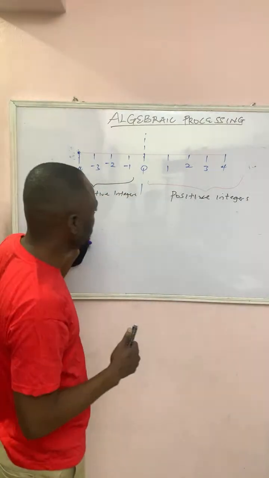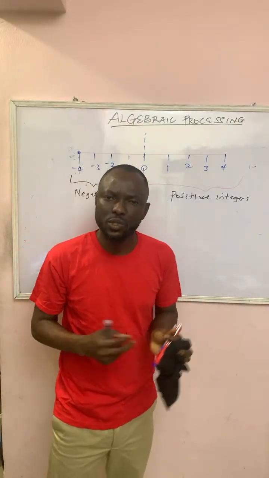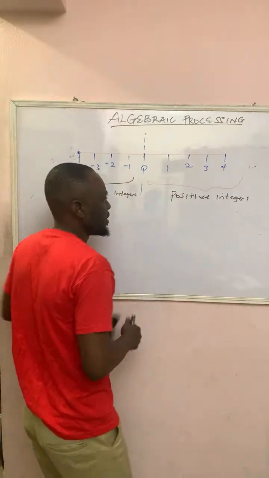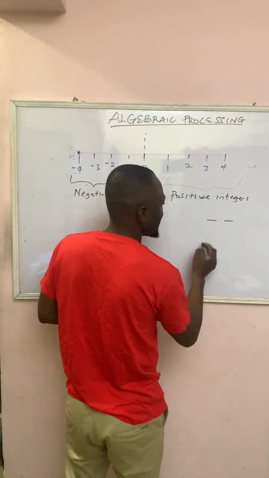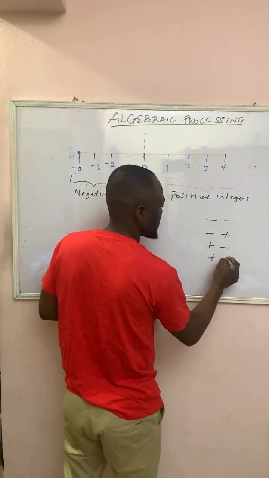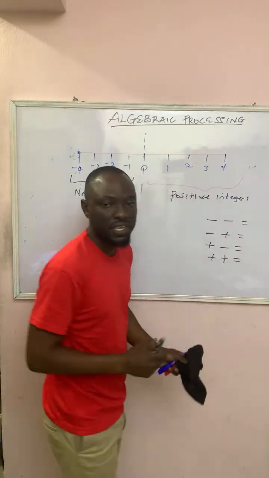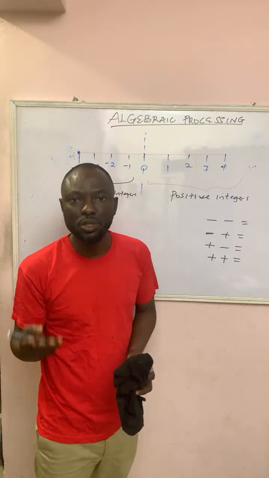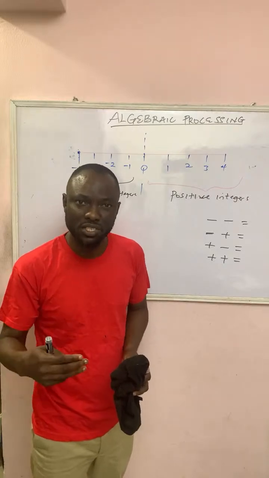Now you need to understand the concept of positive and negative integers so that you can solve problems in algebra. Now let's look at rules for sign. If we have negative negative, negative positive, positive negative, positive positive. These rules are very, very important. The rules can be used for addition and subtraction and also for multiplication and division.